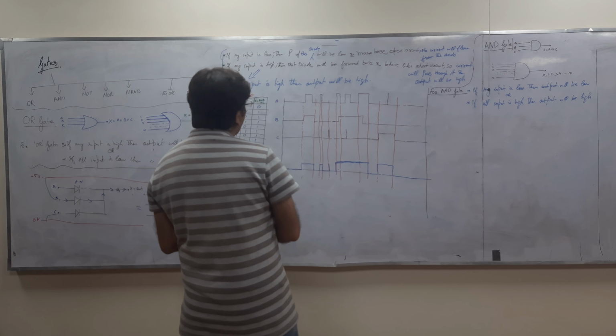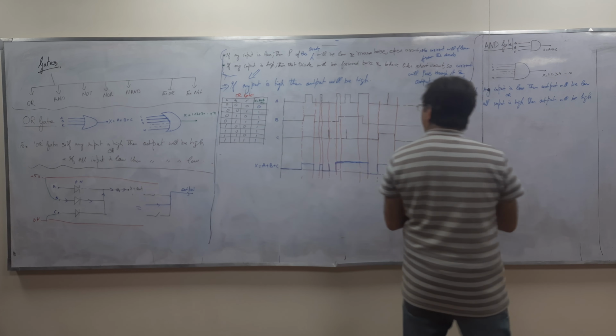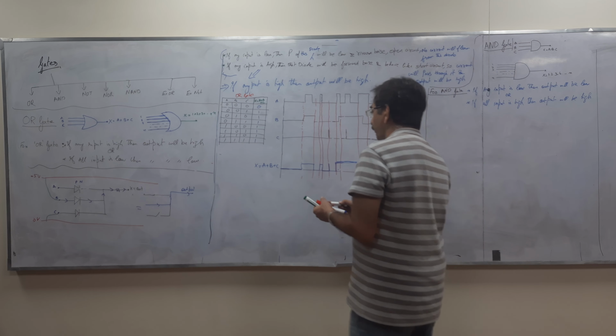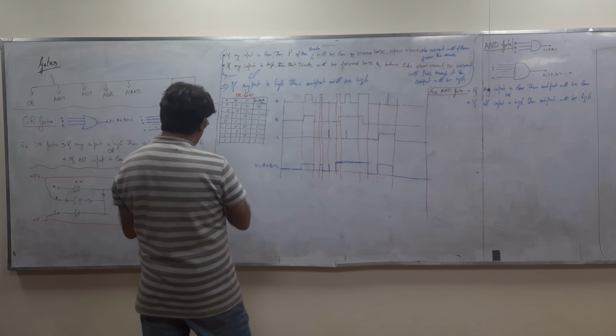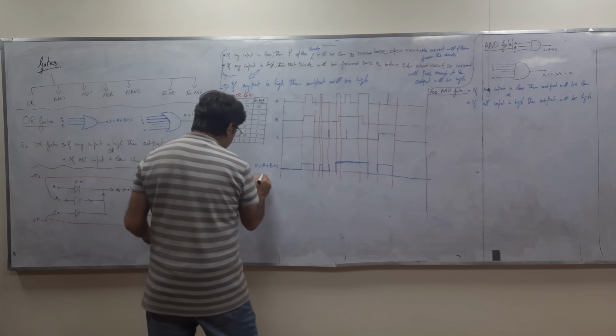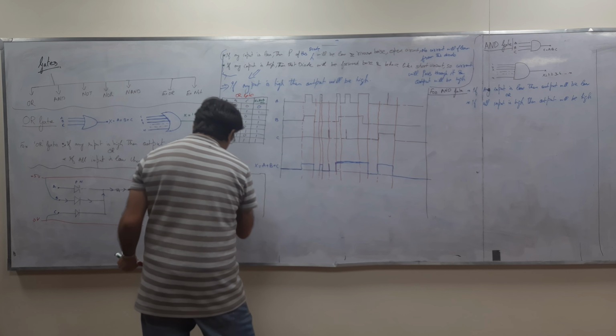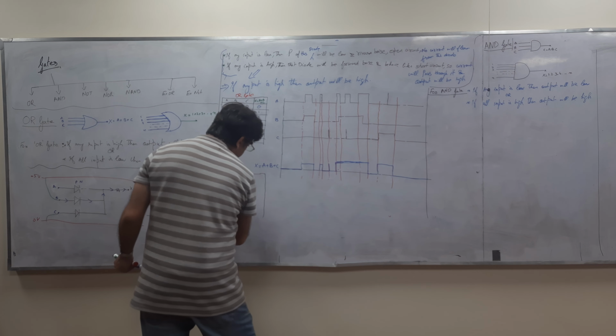So, this is the case. What type of truth table do the OR gate and AND gate have? If I draw the truth table of the AND gate, I will draw it here just to compare with the OR gate.